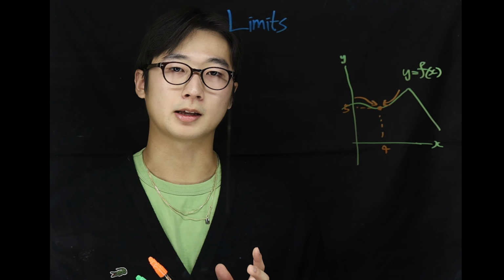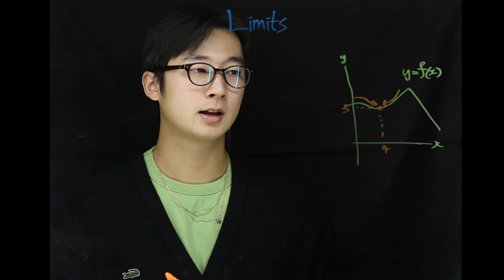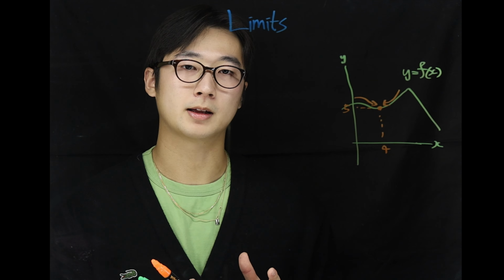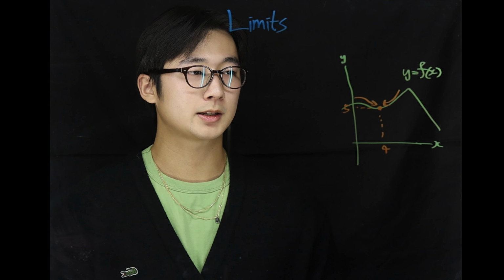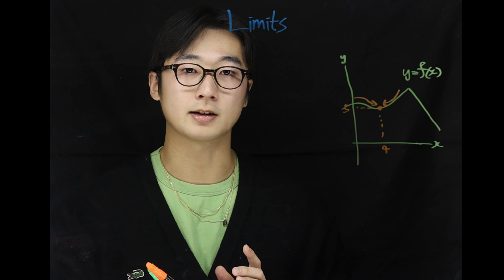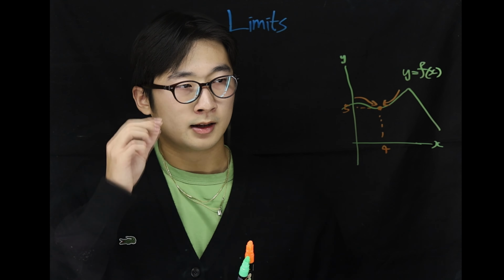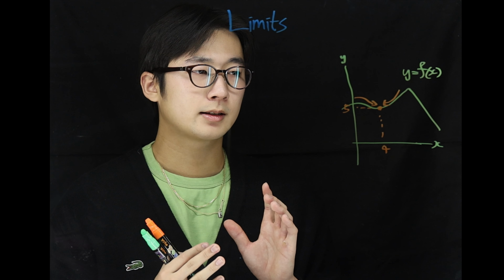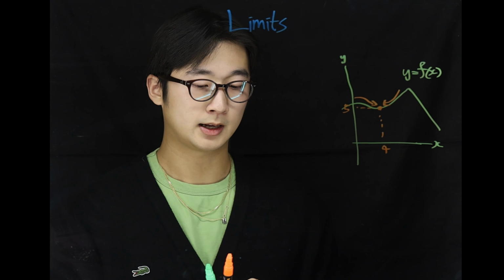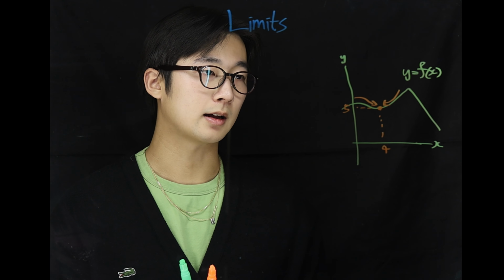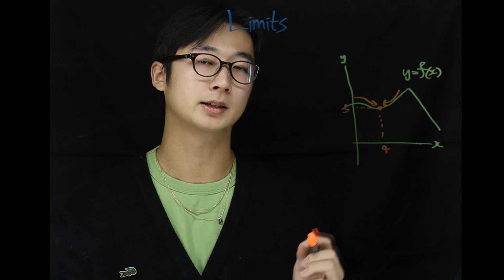What about differentiability? I hope you remember what differentiability was. Basically, it is asking us one thing: does the function have a well-defined slope at this point? So let's say here, the same point.